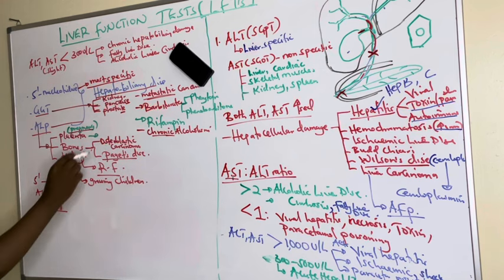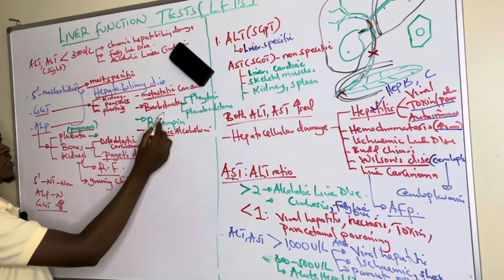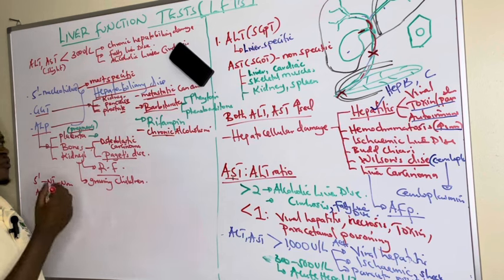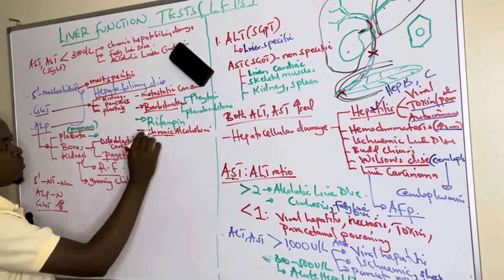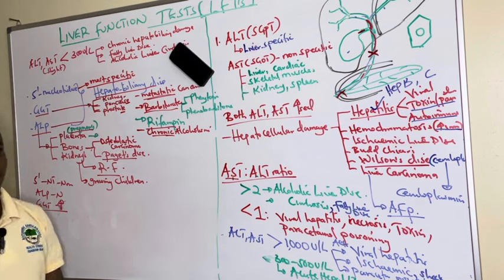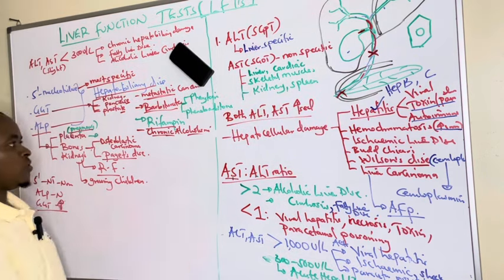I can suspect conditions like metastatic cancer, treatment with anticonvulsant drugs like phenytoin and phenobarbital, and also people on treatment with anti-TB drugs like rifampin. So you will always ask them, and also chronic alcoholism.